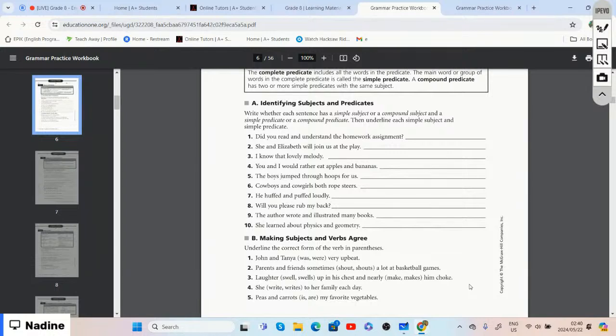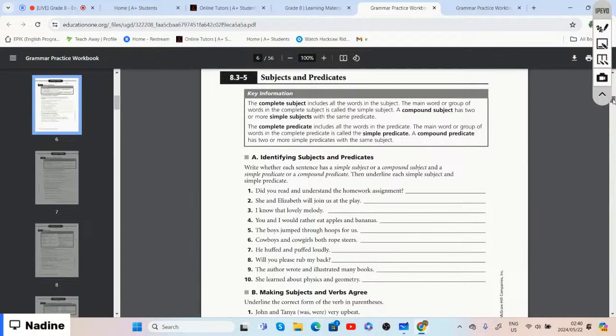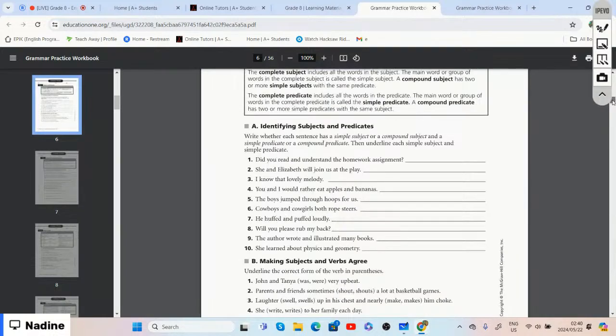So you and I would rather eat apples and bananas. You and I. And if we were to choose the correct one, we would say it is a compound subject.